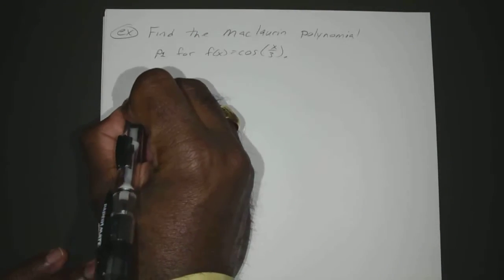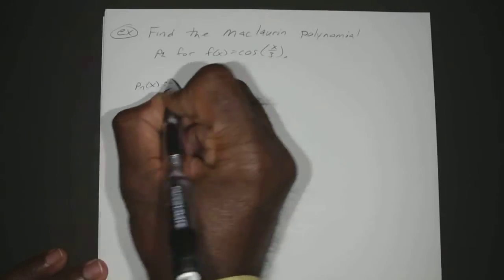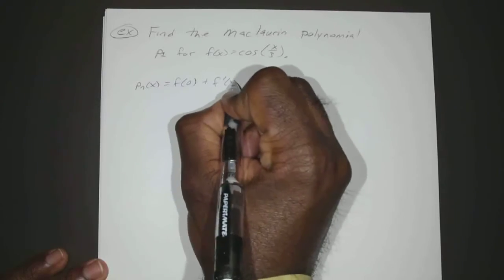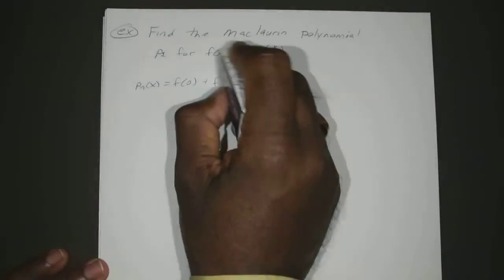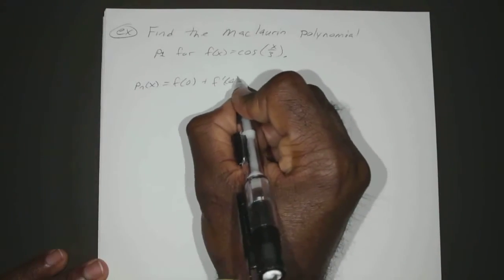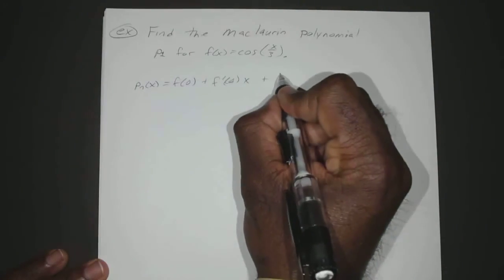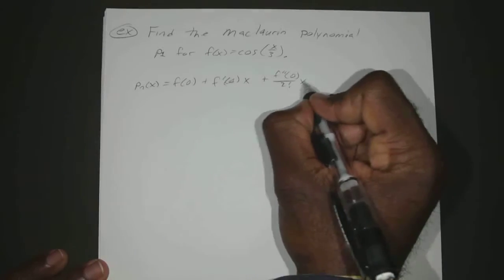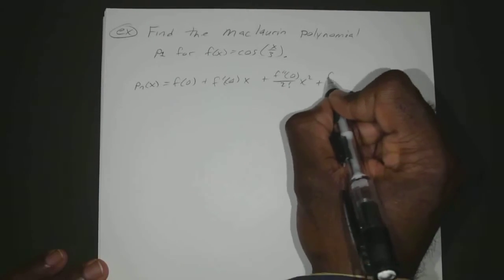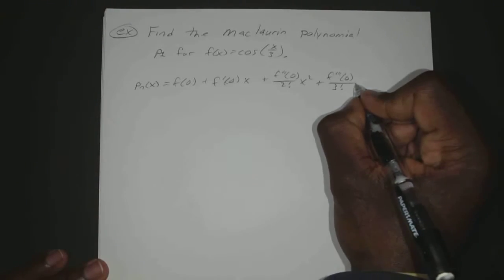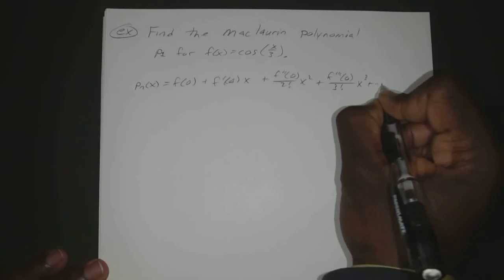And really, with that one, your p sub n of x is just your f of 0 plus f prime of 0 times x plus f double prime of 0 over 2 factorial times x squared plus the third derivative at 0 over 3 factorial times x to the third.